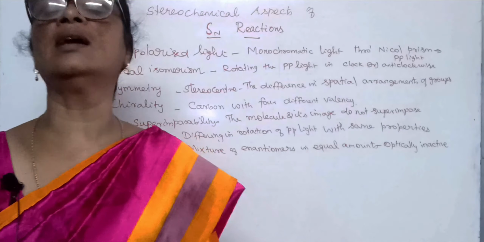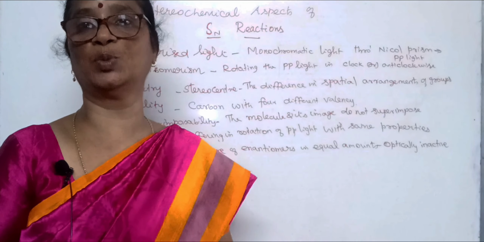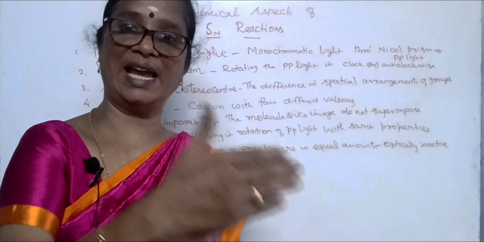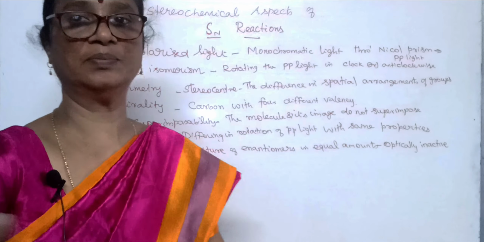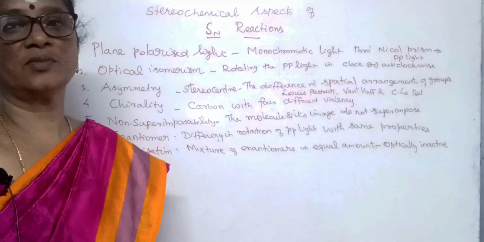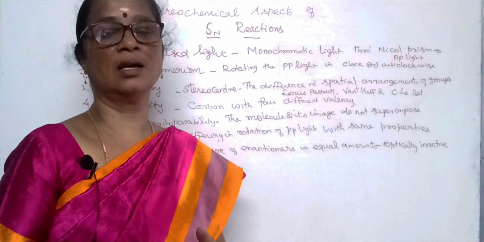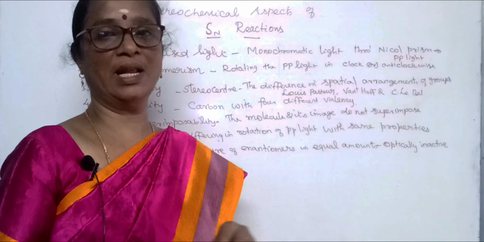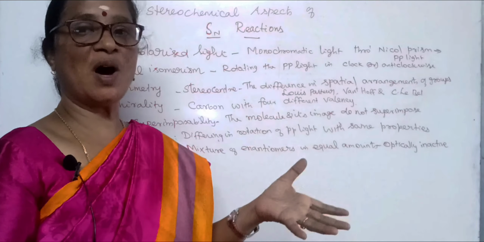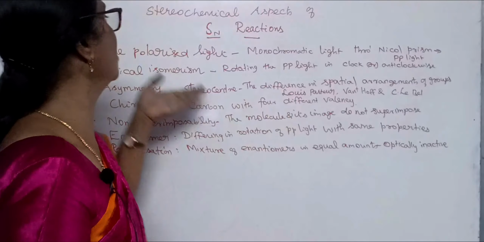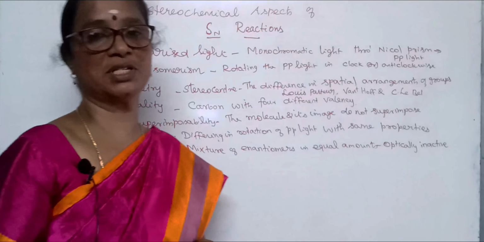So in this case, the molecule should have an asymmetric condition. First of all, Louis Pasteur observed that certain crystal compounds exist as mirror images. The formation of mirror images of certain crystals laid the foundation for stereochemistry.